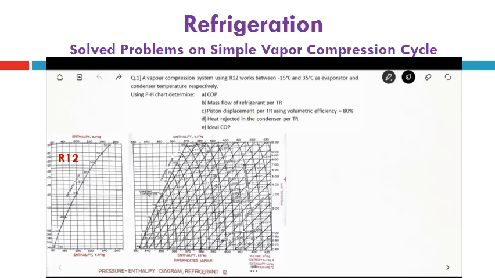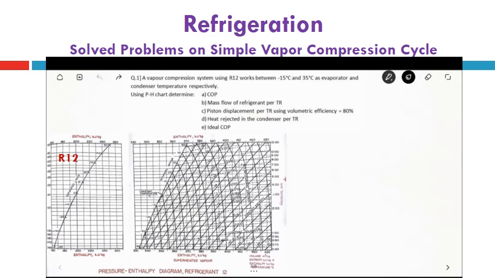Here we will start to solve a number of problems based on the vapor compression cycle. Problem number 1 is based on refrigerant R12, which works between -15 and 35 degrees Celsius as evaporator and condenser temperature respectively.